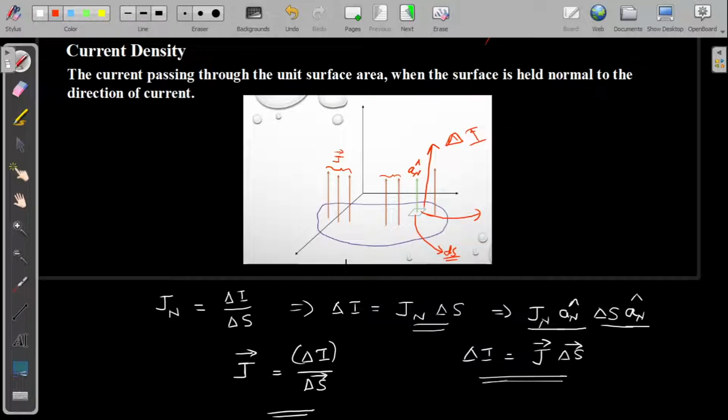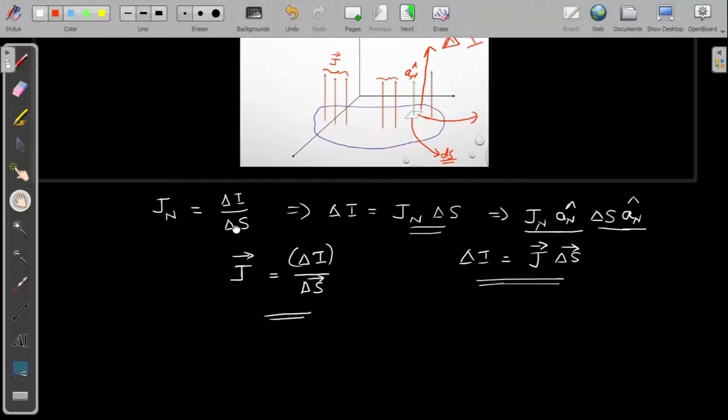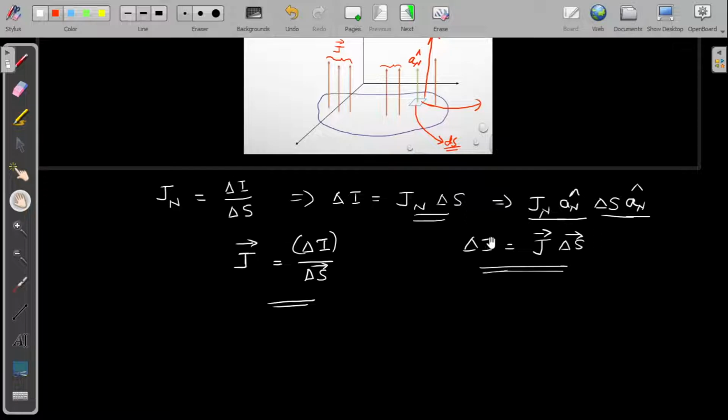Now if I need the total current, what can I do? I have the current equation here, delta I is J delta S, and I have my current density equation with respect to my incremental current delta I. Now my question is, how will I obtain the total current? The total current can be obtained from this equation by using a mathematical method.